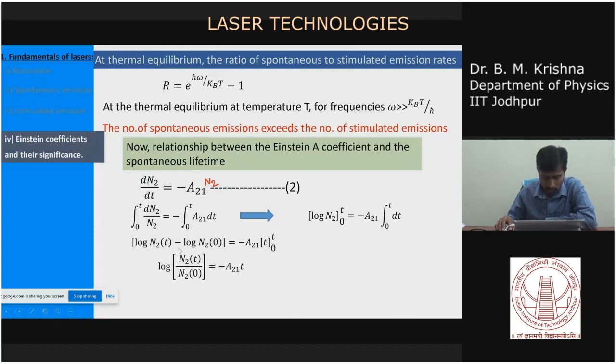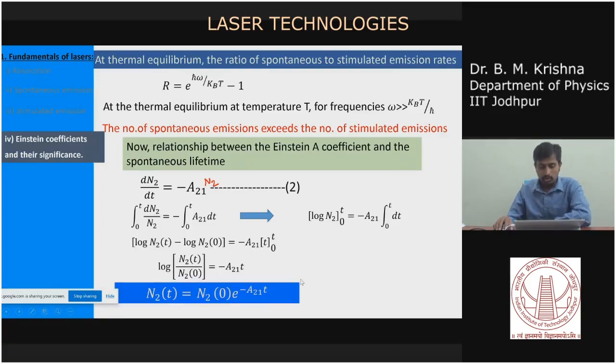In logarithmic form, log of N2(t) by N2(0) equals minus A21 t. So N2(t) by N2(0) equals exponential of minus A21 t, so N2(t) equals N2(0) e^(−A21 t).